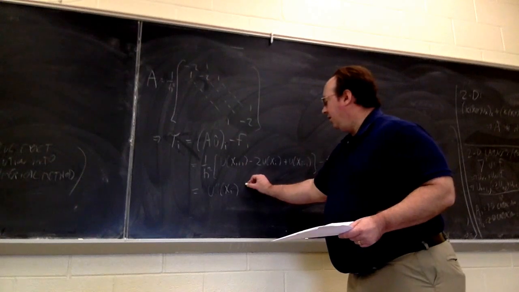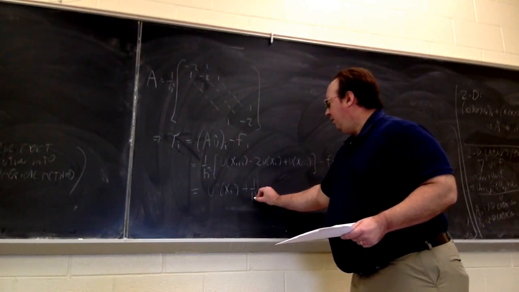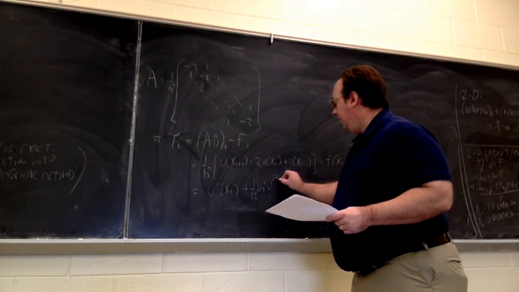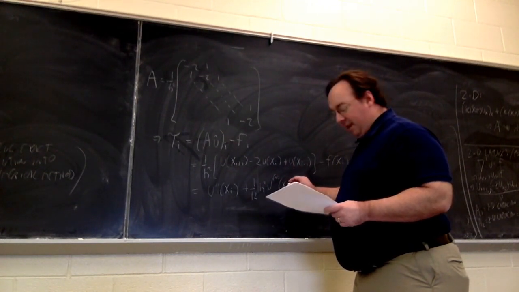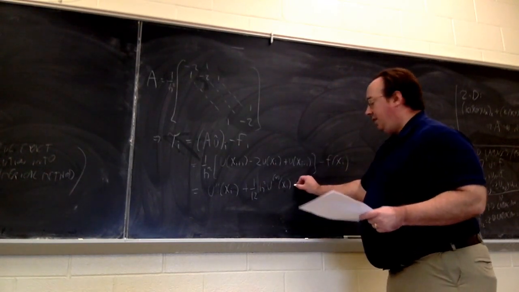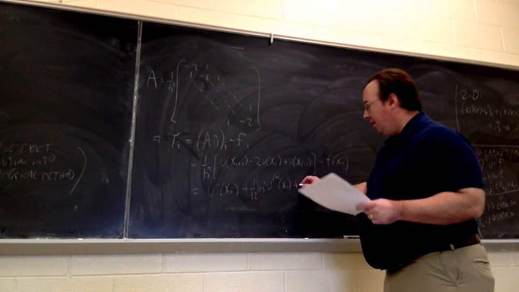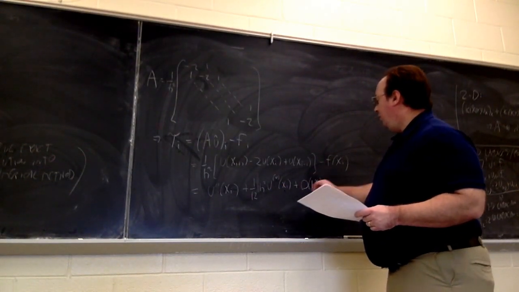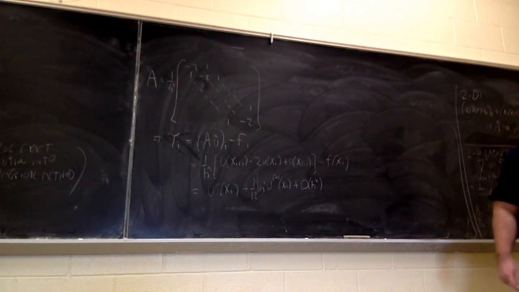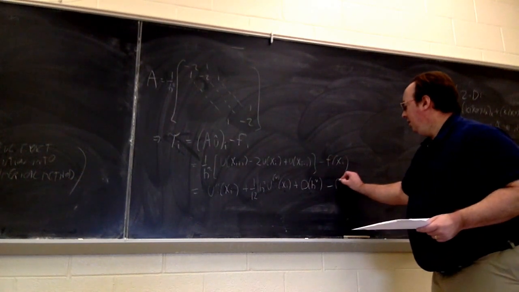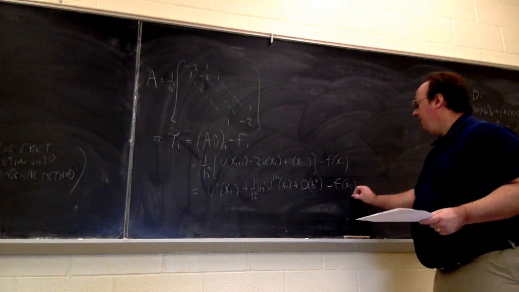So minus the error gives us plus 1/12 h squared times the fourth derivative of u at x_i, and then whatever term is next in the Taylor expansion for this stencil would be something that's order h to the fourth, minus f of x_i.